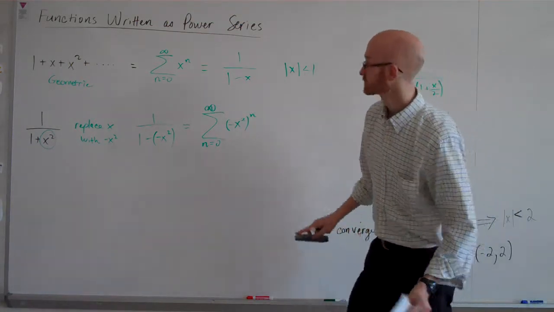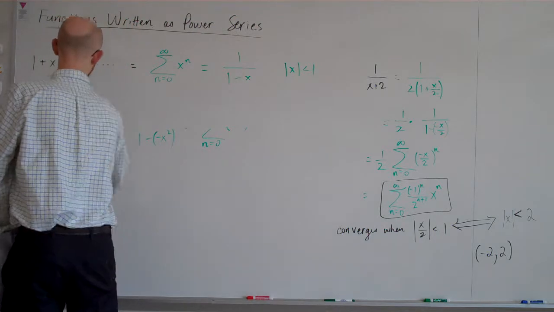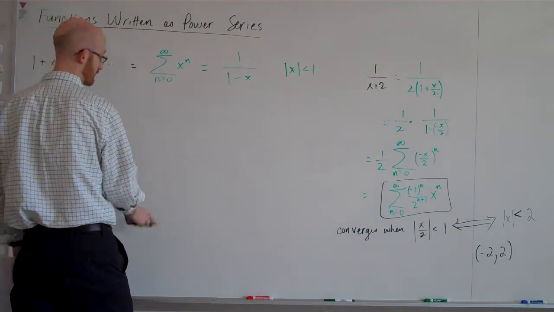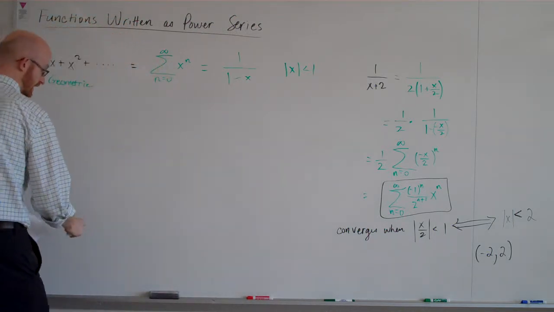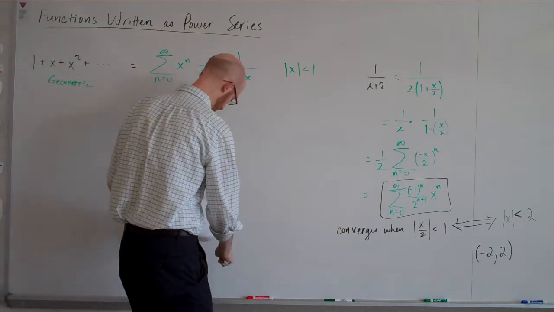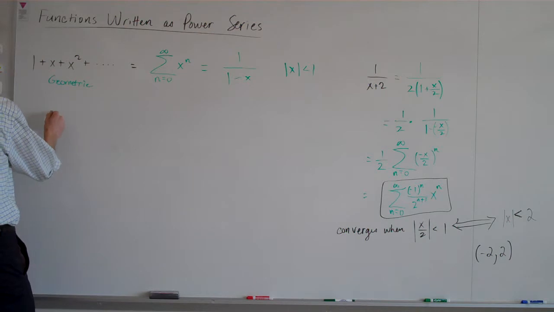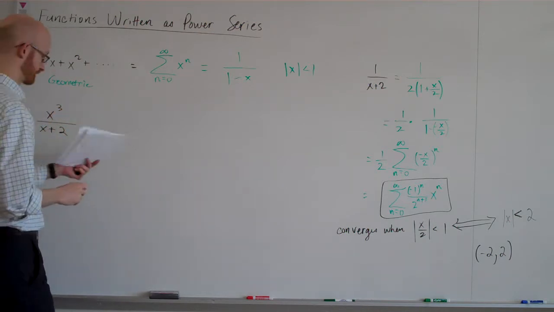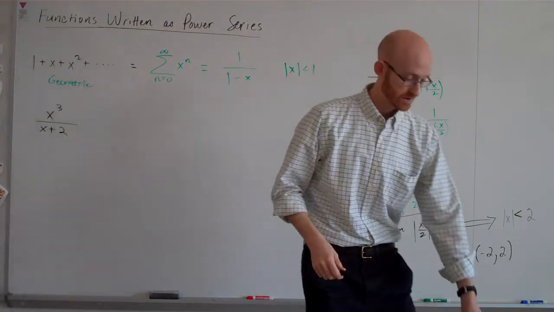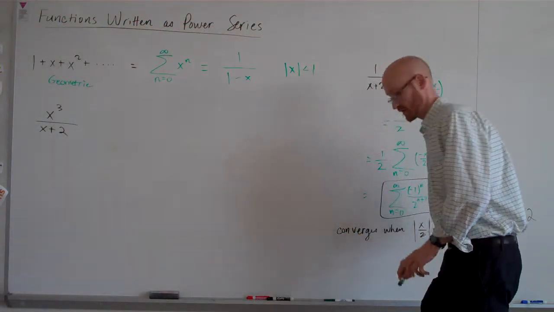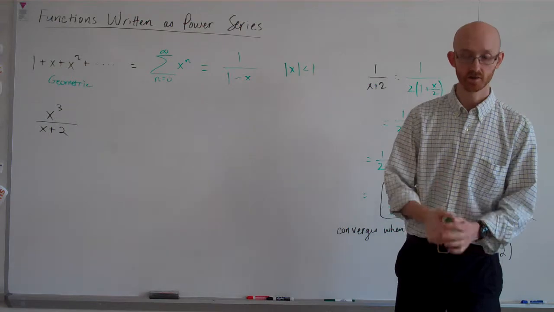Okay, I'm going to quickly do another one. I'm actually going to leave this geometric one up here. We'll be discussing it a little bit in a second. So x cubed over x plus 2. Give this one a try for yourself. It's variations on the same theme here.